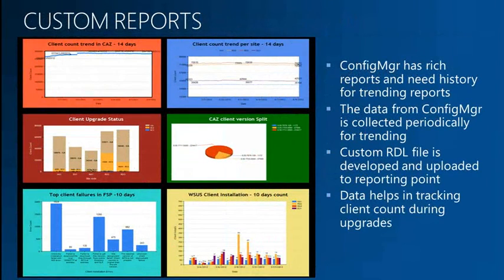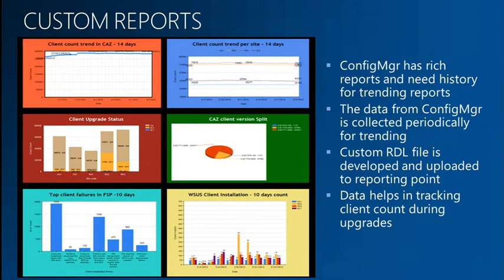Also, when it comes to deployment, like Shitanshu mentioned, we have been doing migration and upgrade of clients in our hierarchy, but it's always important for us to understand how our upgrade is going. Config Manager has a very rich set of reports, and we leveraged the data to do some history and some kind of trending.